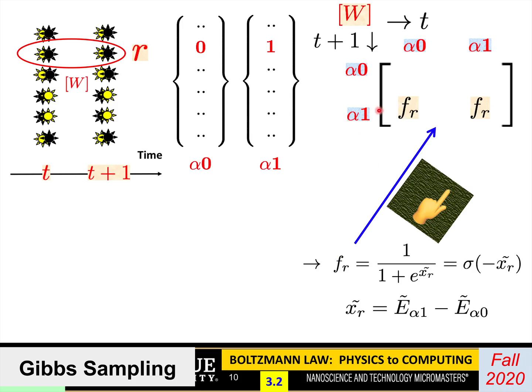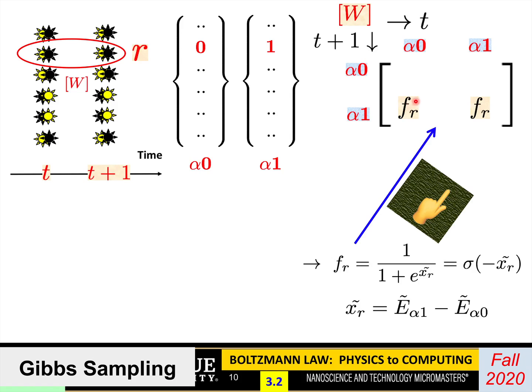Okay. Now, once you have this Fermi function, the rule is that the probability that this neuron will be set to 1 is equal to the Fermi function. And note that this probability is independent of what the neuron currently is. That doesn't matter. You just calculate x tilde, find f, and then depending on f, you set it to 1 or 0. And so, remember, when you write the W matrix, the columns correspond to the current state, the state at time t, whereas the rows tell you the state at time t plus 1.